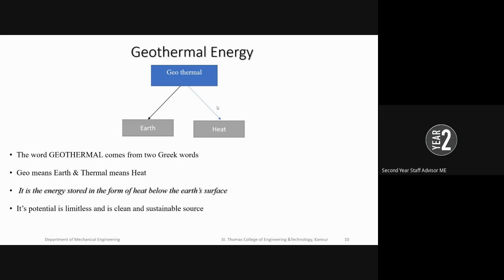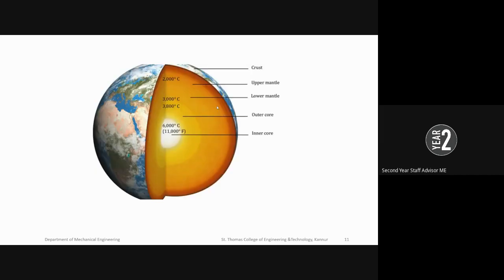I don't remember that particular term. Actually, I will show you that picture. Can you see this diagram or this slide? Yes, sir. So here you can see some temperatures given: 2000, 3000 degrees Celsius and 6000 degrees Celsius.